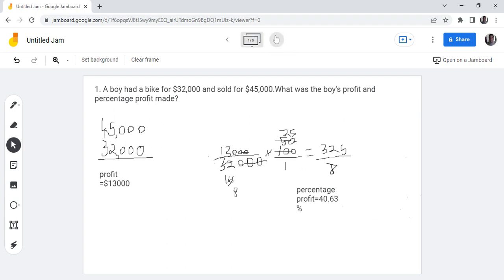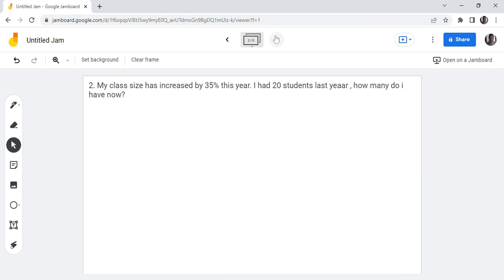Moving on to the next question. Number two: my class size has increased by 35% this year. I had 20 students last year. How many do I have now? So let's go ahead and attempt this question.